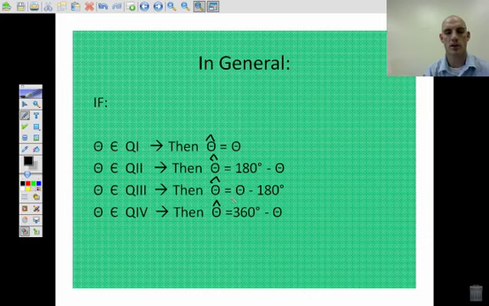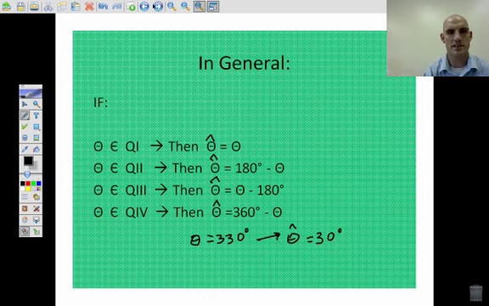And if we're in quadrant 4, it's going to be 360 minus theta. If we think back to our past example, when theta was equal to 330, that meant that our theta hat was equal to 30, or 360 minus our theta.